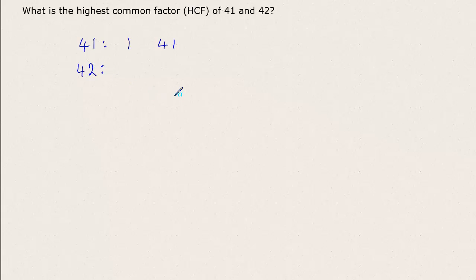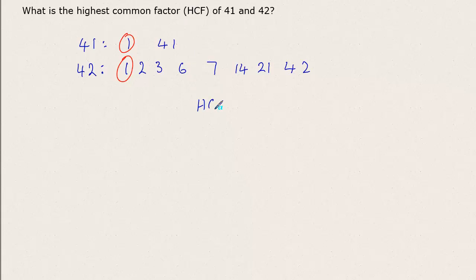Now for 42, we could have 1 times 42, or 2 times 21, 3 times 14, 4 doesn't go into it, 5 doesn't go in, 6 times 7 is also a possibility. The highest number in both lists is 1.